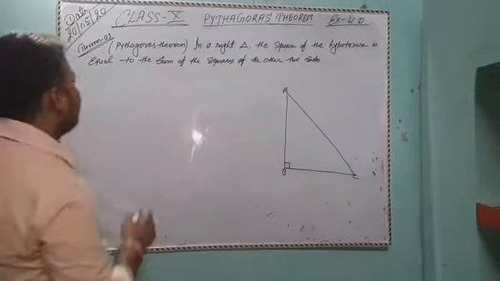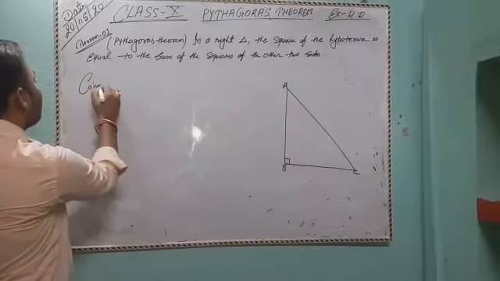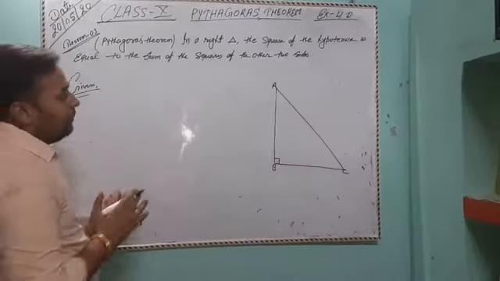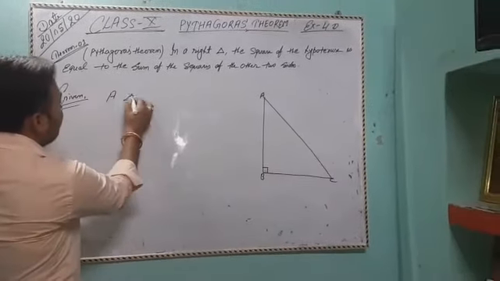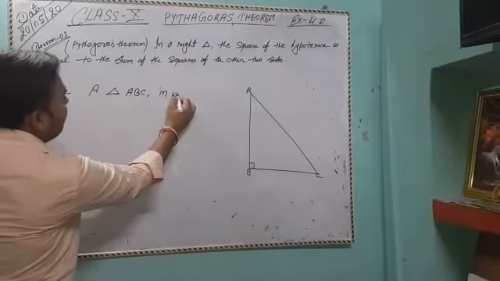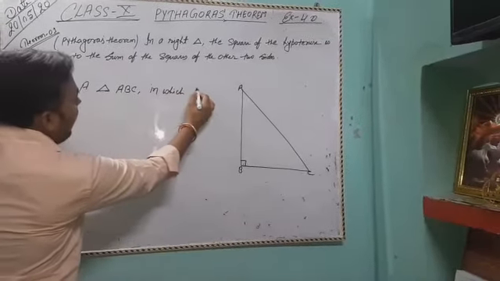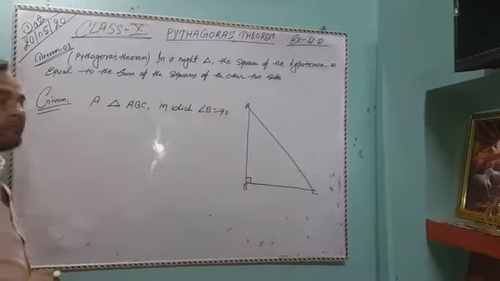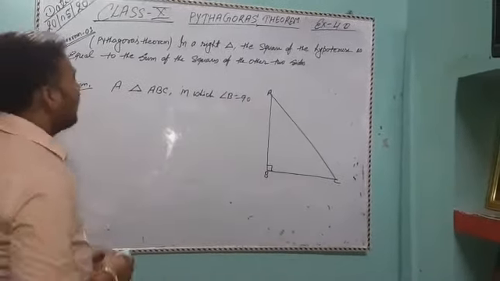Students, let's start. Given: a triangle ABC in which angle B equals 90 degrees.